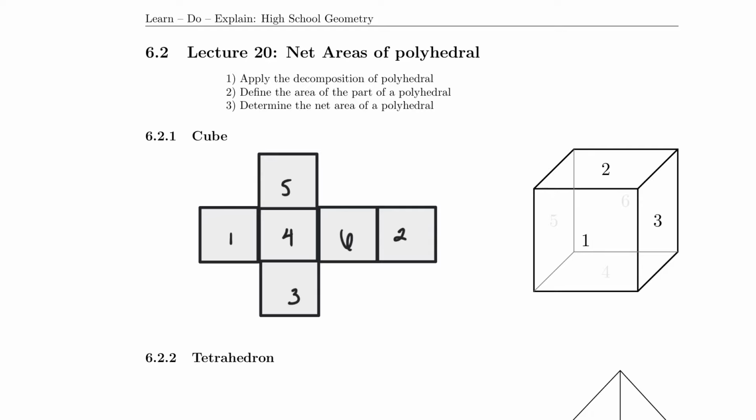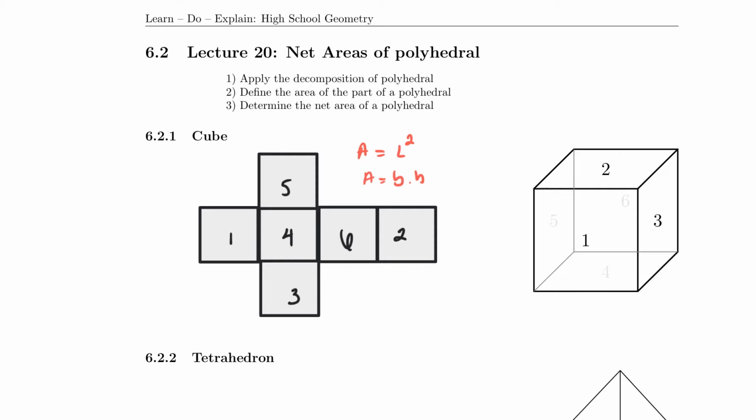Okay, so again we have 6 squares, and remember the formula for the area of a square is the side squared, or you can also say base times height, which for the square is the base and the height are the same, so you just say the side squared.